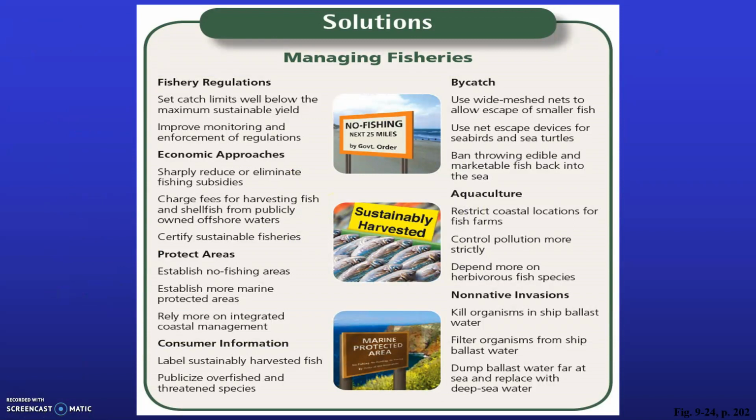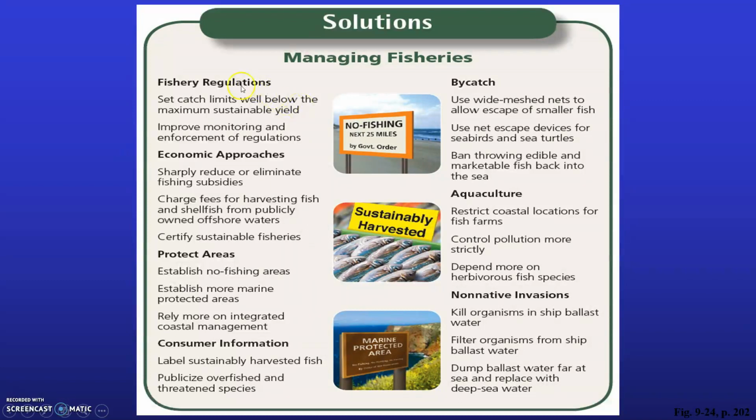This next slide gives more detail on how we can protect our fisheries. Implement good fish regulations, which can set catch limits that keep the amount of fish removed well below the maximum sustainable yield, and this would allow the fish to reproduce and keep their population numbers at a stable value.